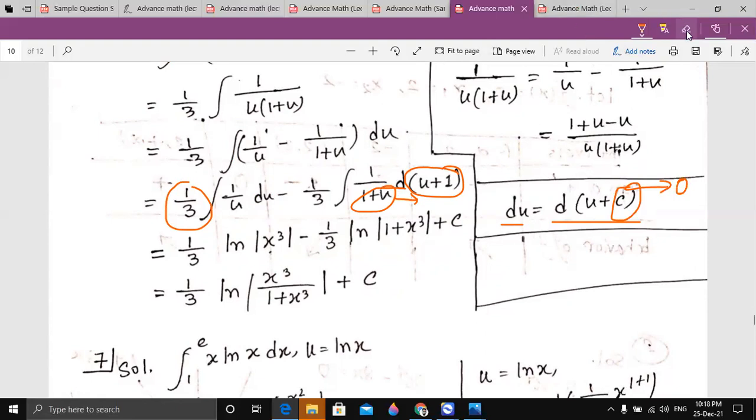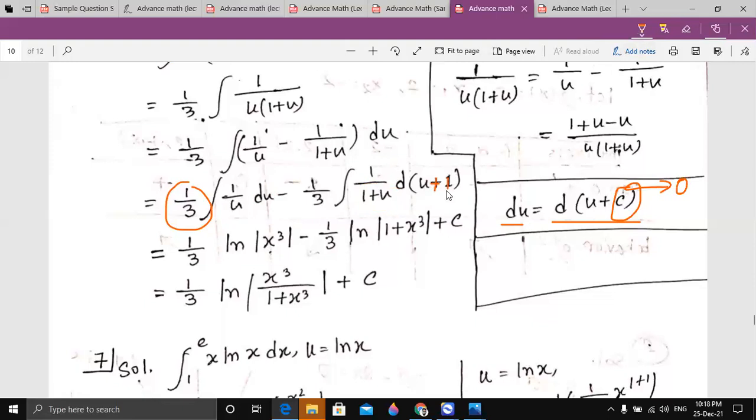You can follow another step, like you can use the u substitution rule again here. Okay, but we are skipping some steps here, because if we add plus 1 here, the steps will become easier.